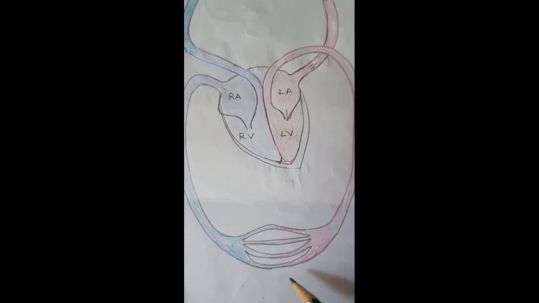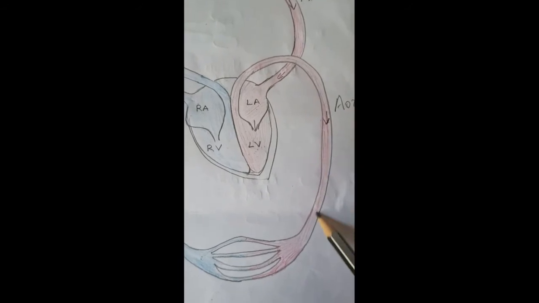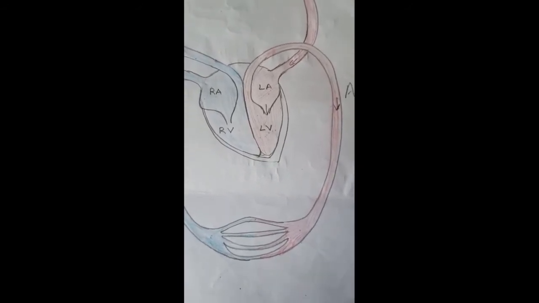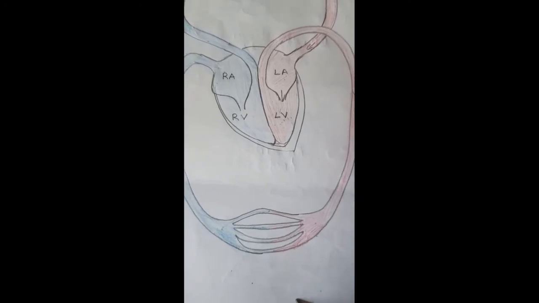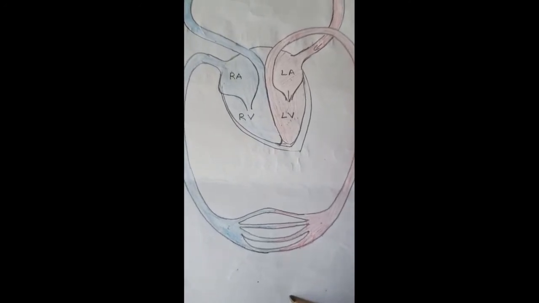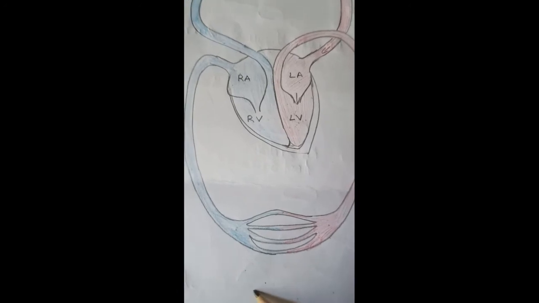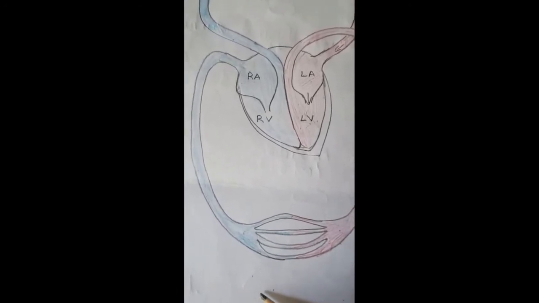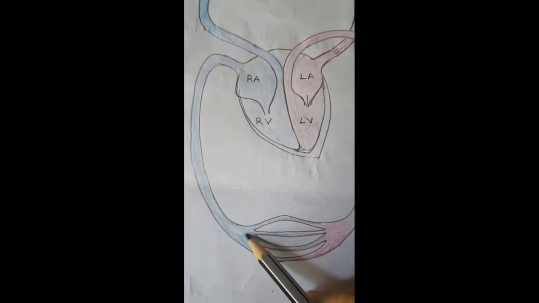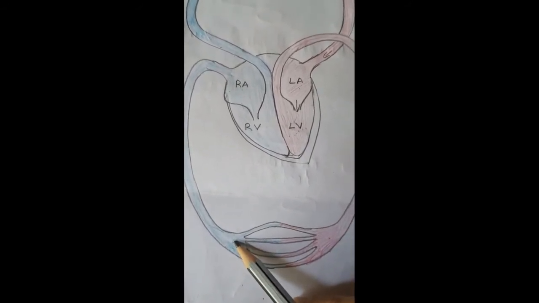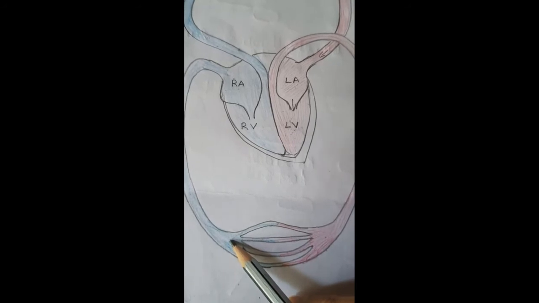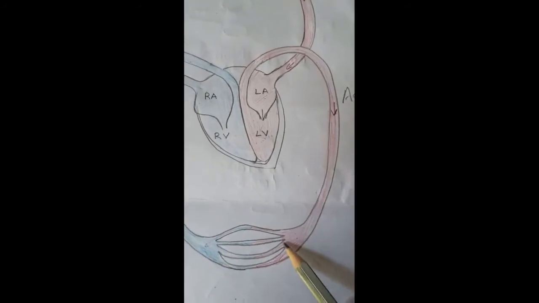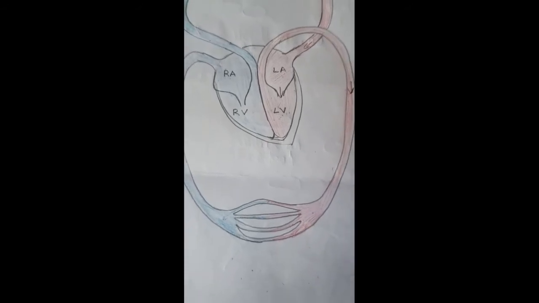So aorta will divide into so many arteries. This is one of the arteries. Another artery will be here and here, like that. All the arteries will supply the oxygen rich blood to the cell. From the cell after respiration carbon dioxide rich blood will be released. So veins will be collecting carbon dioxide rich blood from the cell. So aorta divides into arteries, so many arteries will be there.